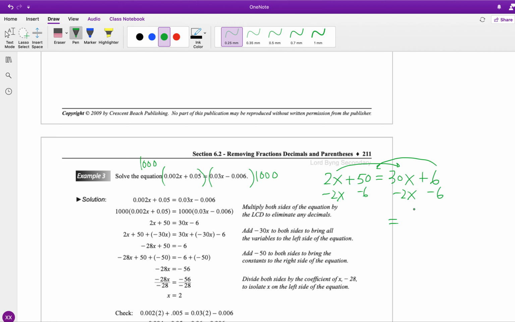So on this side I got 20, sorry, what am I doing here? So I have 30 subtract 2, that's 28x. Now this one is 44.